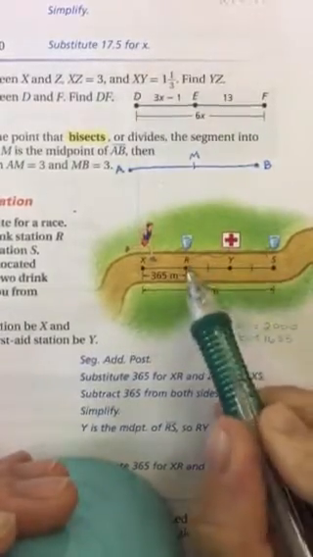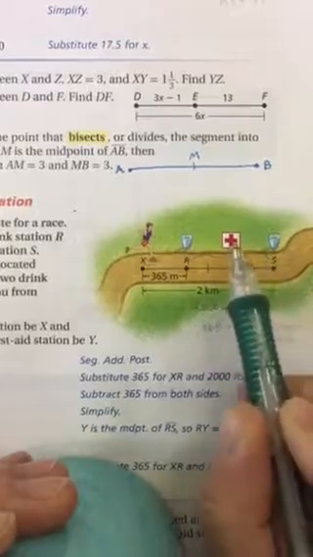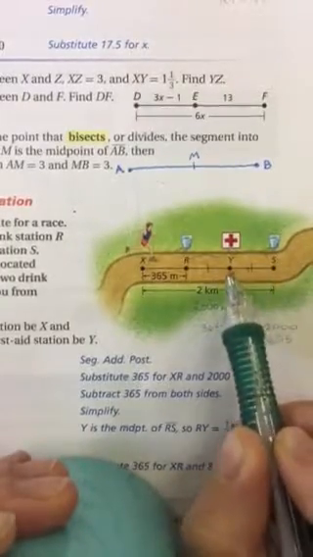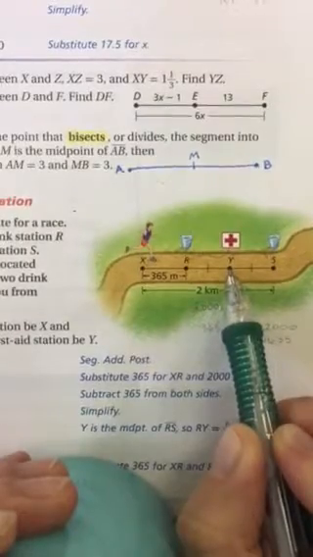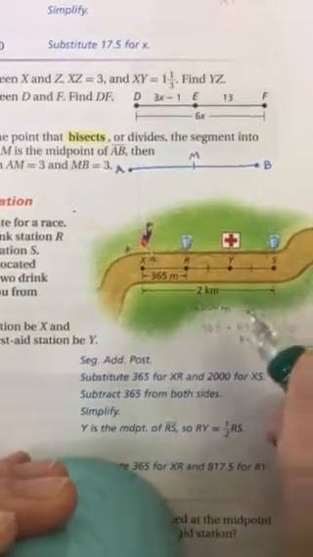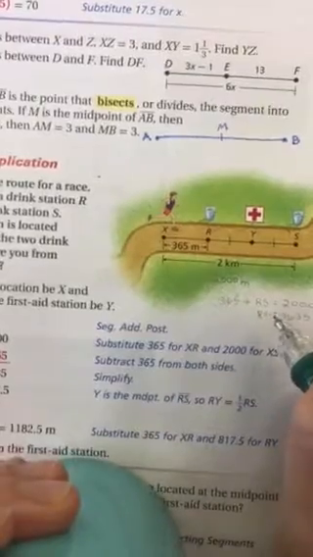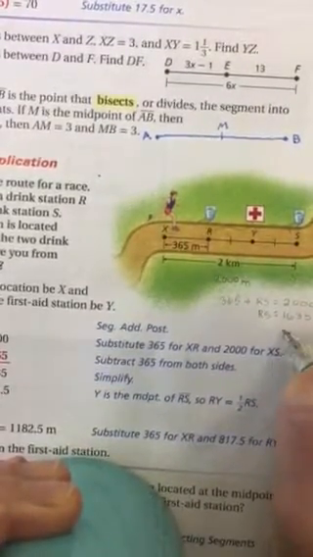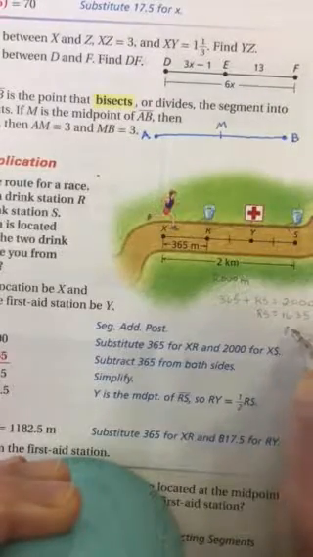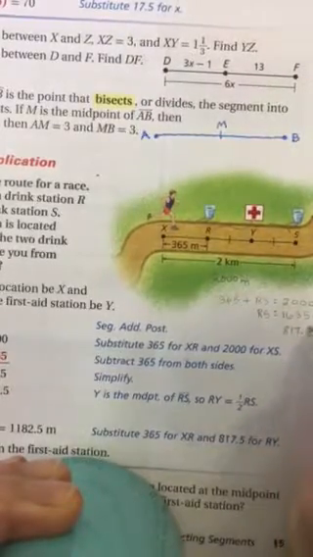We now have our distance for RS. They want to know where this is. It's the midpoint. That means it divides it in half, in the middle. So we're going to just divide this distance by 2, and that is going to be, give me just a second, 817.5.